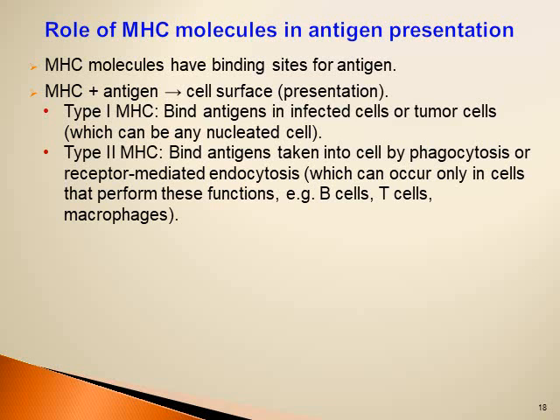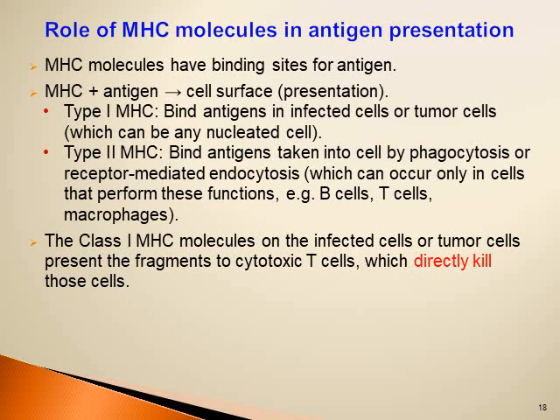Type 2 or class 2 MHC molecules bind antigens taken into cells by phagocytosis or receptor-mediated endocytosis, which can occur only in cells that perform these functions, like B cells, T cells, and macrophages.